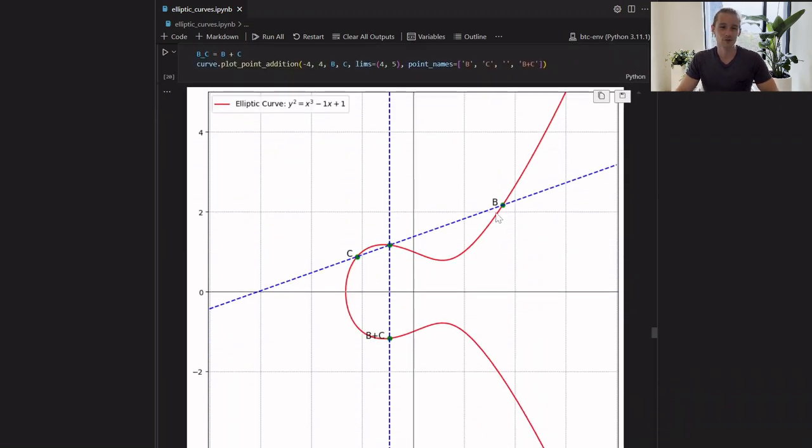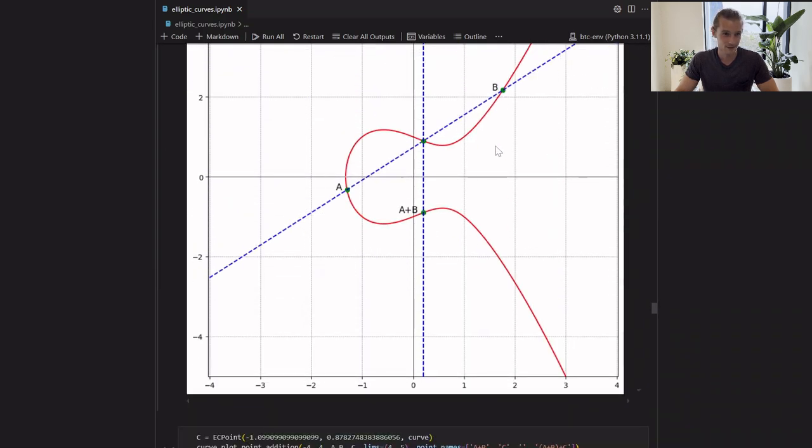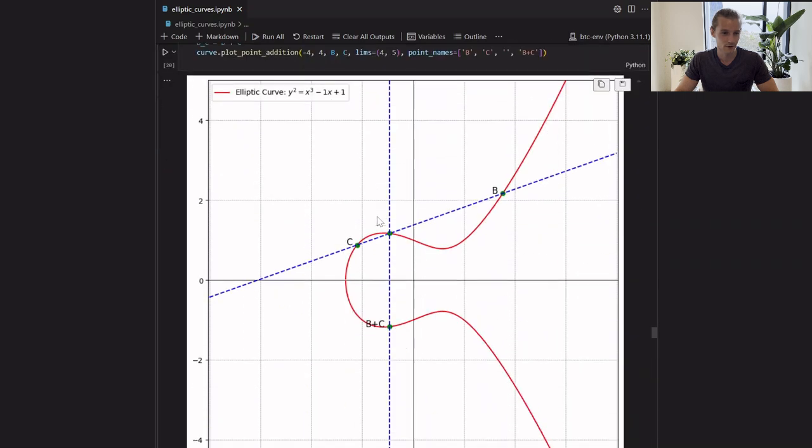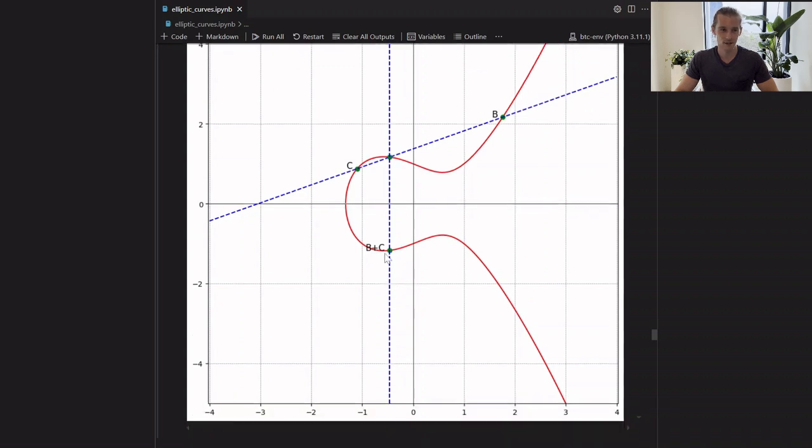Let's first do B plus C. Now you can see they're exactly the same point, so B is still the point from here and C is still the point from here. We draw the straight line through them, find the third point where this line intersects the elliptic curve and reflect over the x-axis, so B plus C is down here.